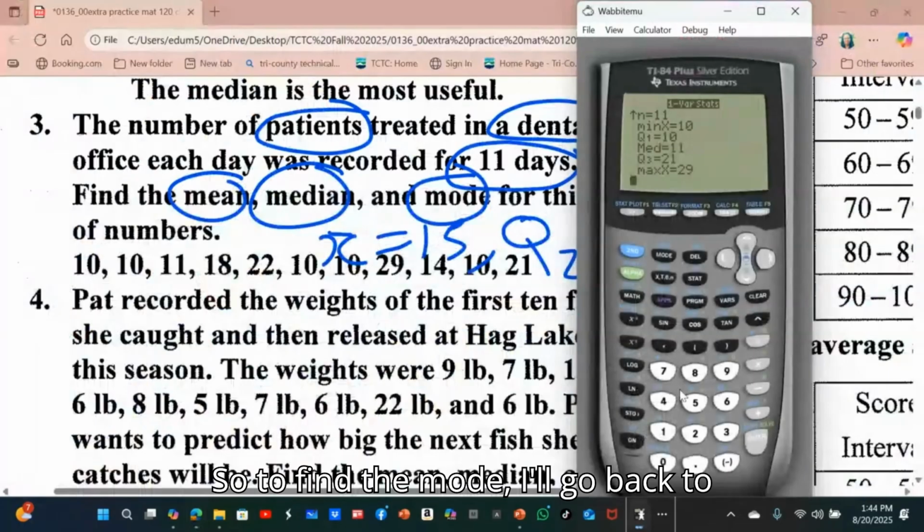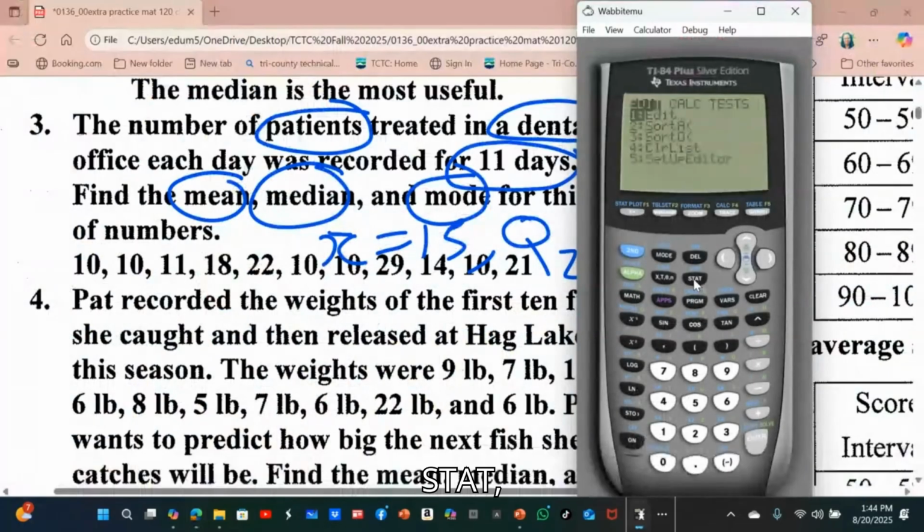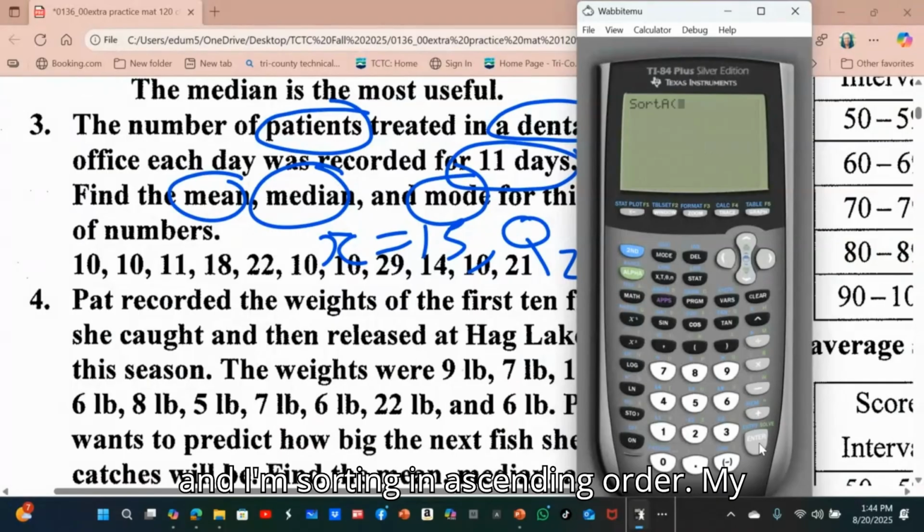To find the mode, I'll go back to STAT, and I'm going to sort ascending. I'm sorting in ascending order. My data is in L2, so second L2, close parenthesis. I hit enter. Let's see what happened.